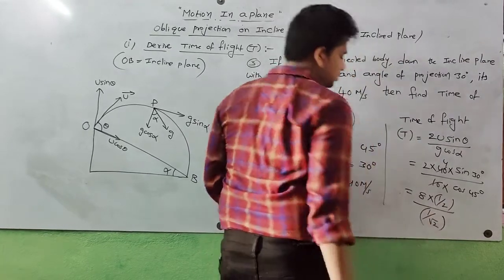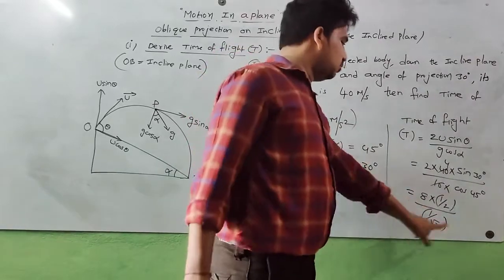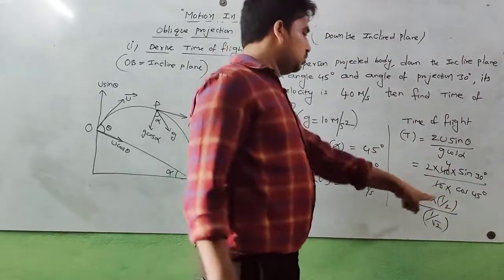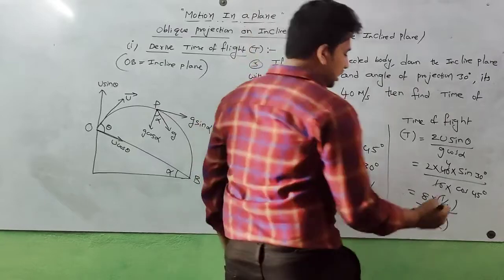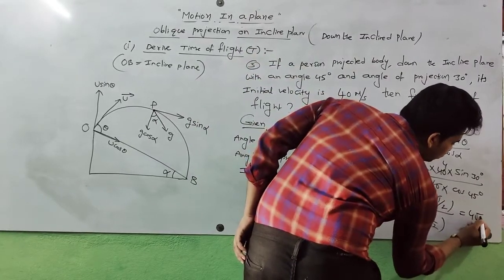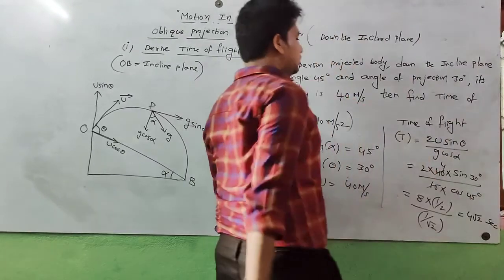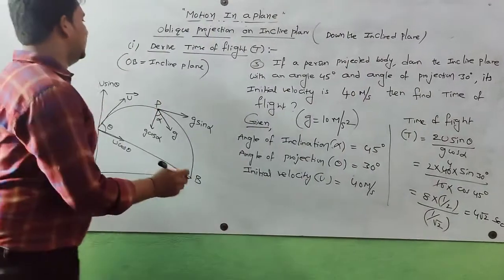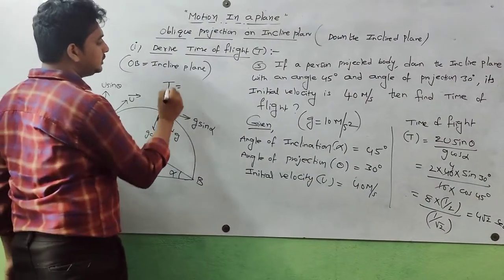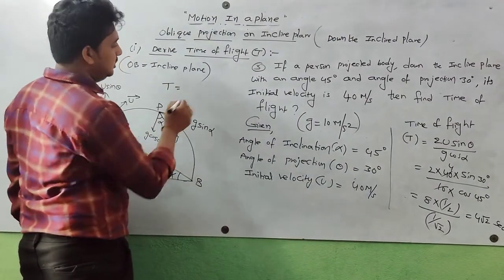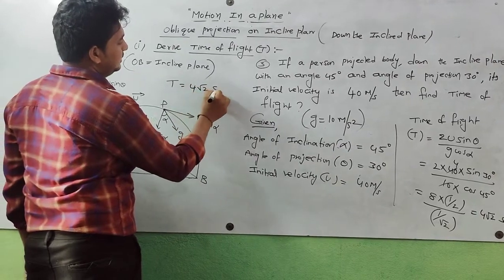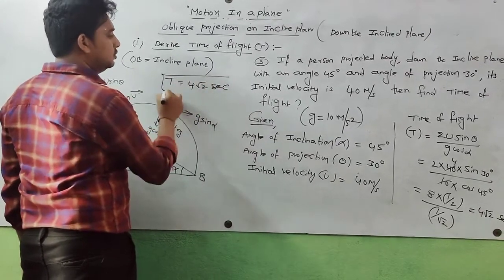So this root 2 will move to the numerator. 2 goes into 8 how many times? 4 times. We get 4 root 2 seconds. So the time of flight is 4 root 2 seconds.